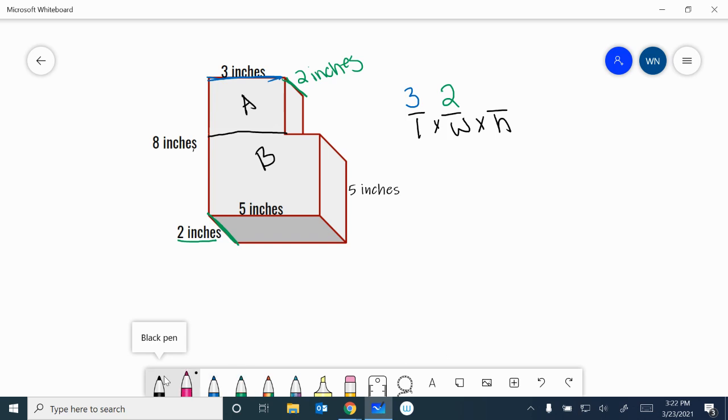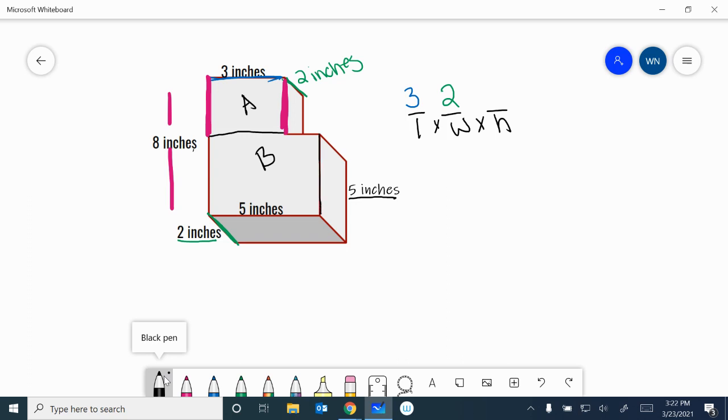Now let's find the height. I know that the height is going to be this line, but there's no number there. The height's also this line, but that 8 inches goes for the entire line, and we don't want that. So I have to figure out how I'm going to discover what only this part is. Looking around the figure, I see this 5 inches here. I see that the 5 inches is this line.